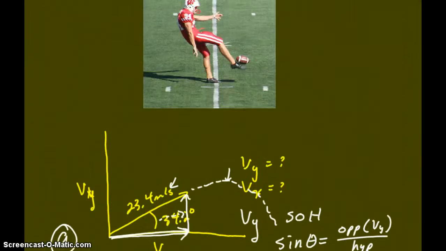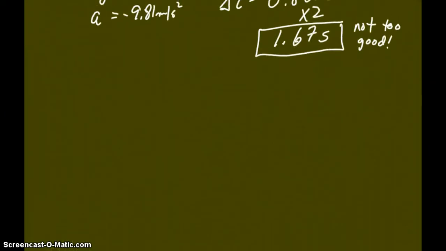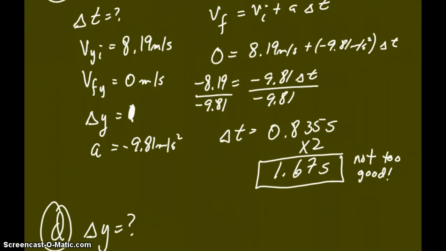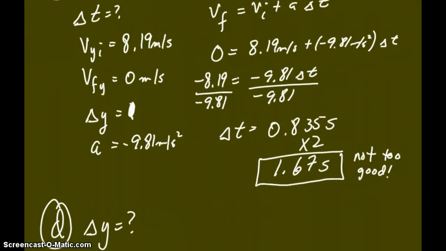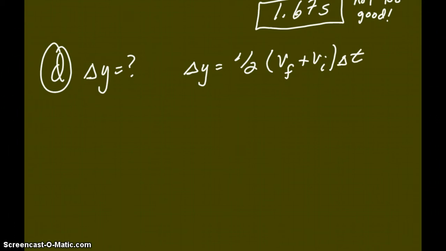Finally, question D asks us, what's the maximum height of the ball? Remember, we have all the variables from up above here. So we're looking for delta y. So there's a good equation.